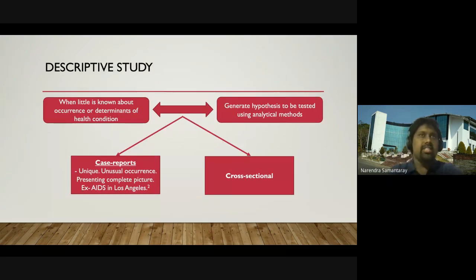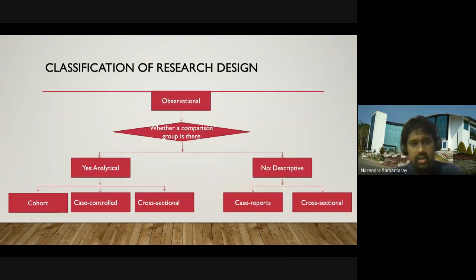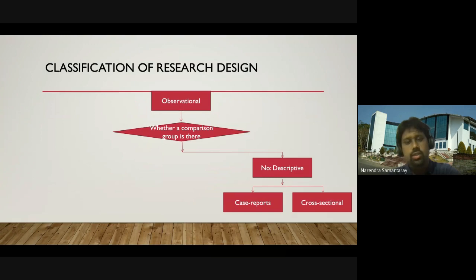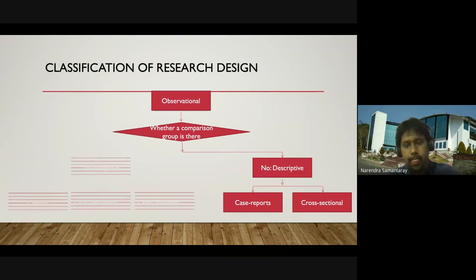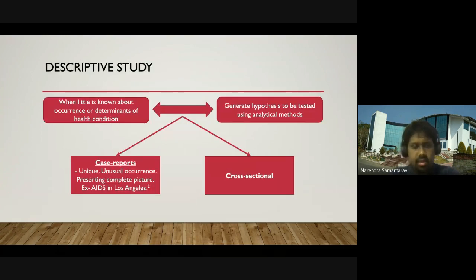Let's come to the descriptive studies. So as I told, the descriptive study is where there is no comparison group. When we do a descriptive study, most of the time it is done when not much information is there related to either the exposure or the outcome, and very little is known about the occurrence or determinants of a health condition.